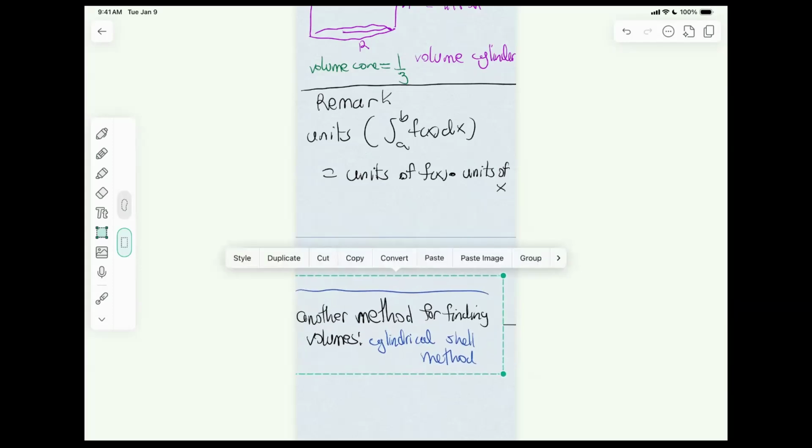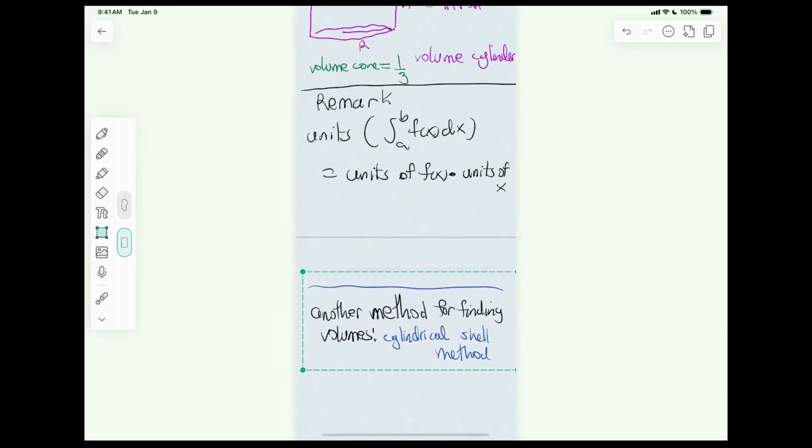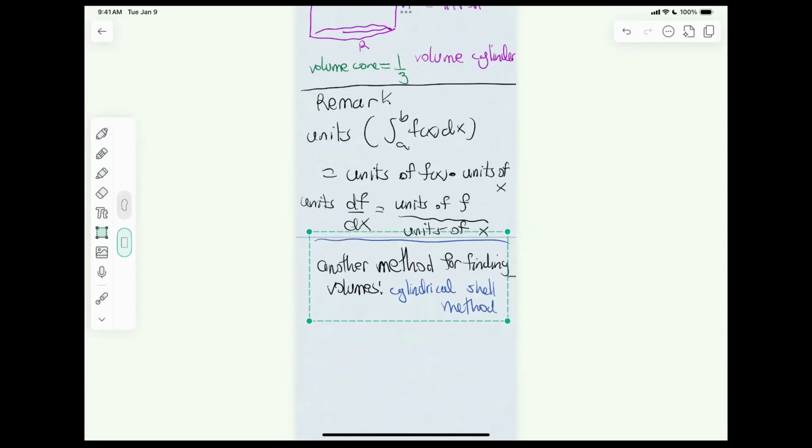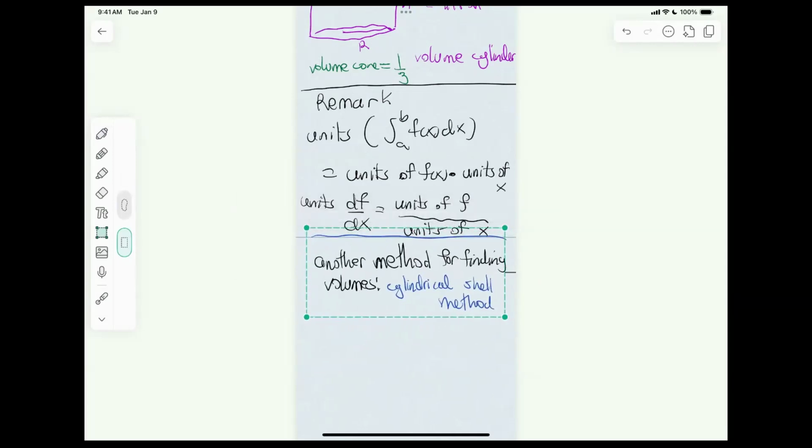If you have a derivative, what are the units of df/dx? They are the units of f divided by the units of x. Well, it's not really a ratio, but you know. So units for integrals multiply and units for derivatives are ratios.